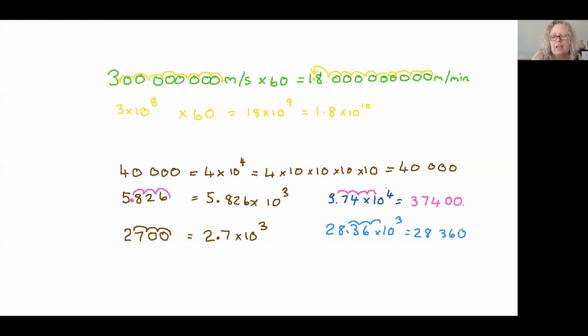28,360. And with any kind of maths like this, you should always work backwards and find out for sure if that does equal this. So if I were to go back, 28.36, I actually wouldn't write it like that, would I? I'd write it as 2.836 times 10 to the power of 4.